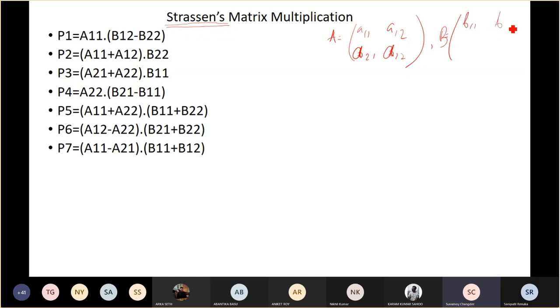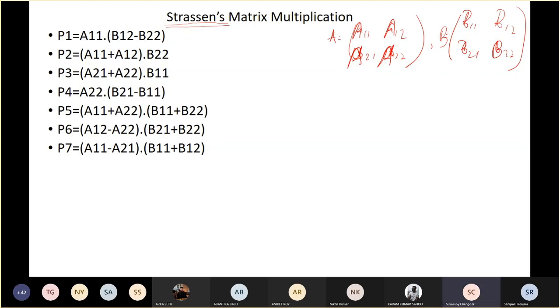There is no problem. So Strassen considered 7 terms where the first term P1 is equal to A11 into (B12 minus B22).